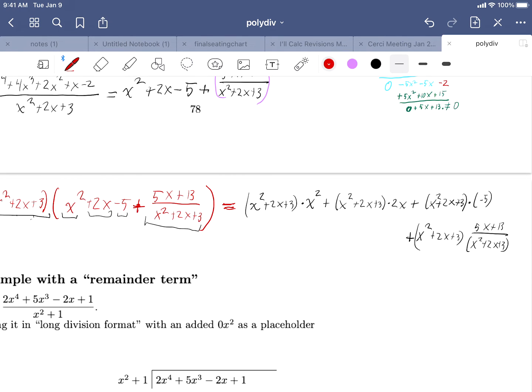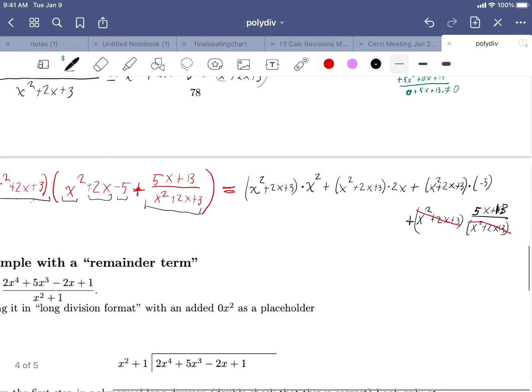And here's the thing to observe. If you multiply a thing and then divide by the thing, those two things will cancel. So that last term is just 5x plus 13. Got a little bit illegible there, did it? 5x plus 13.